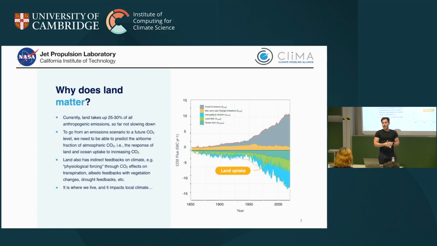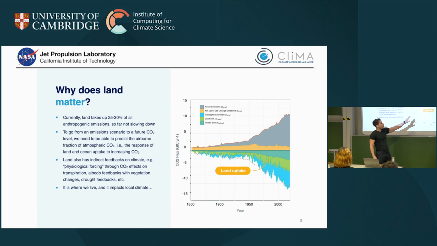So why does the land matter? In this figure here, I show the CO2 flux. Everything that is positive is anthropogenic emissions. Everything that is negative is a sink. We can see the light green here is the representation of the land sink. And the land is responsible for almost a third of all the anthropogenic CO2 absorption.